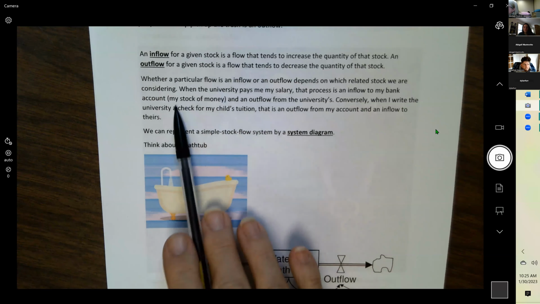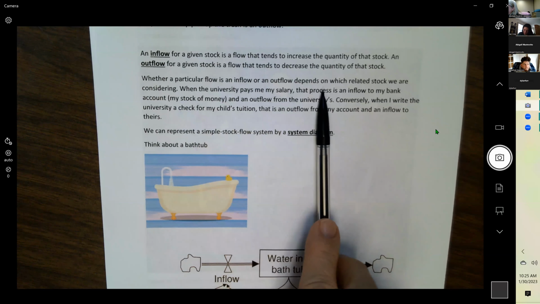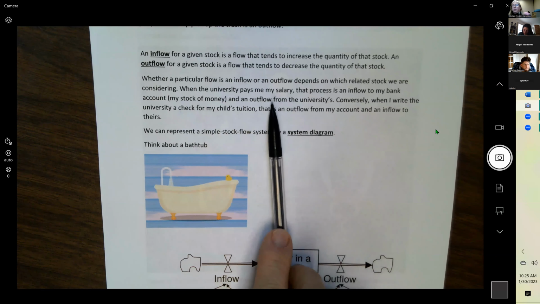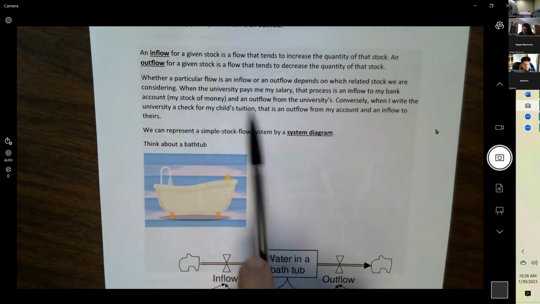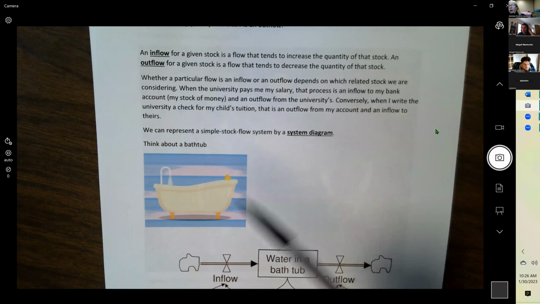Now, it depends on what we're talking about too, because if you think about your account, when you deposit money into it, it's an inflow. When you take money out, it's an outflow. But when you're talking about a company, then it's the opposite.